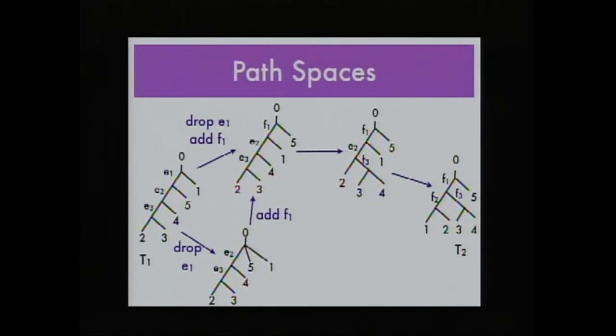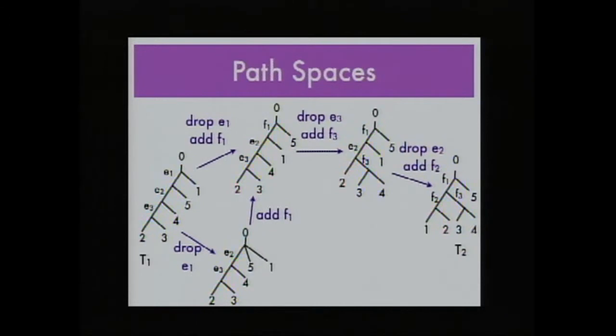So I resolve this multiplication by growing out F1 from here to get a new tree. Then to move to the next tree, I can drop E3 and add F3, so shrinking E3 and growing out F3. And then drop E2, add F2.